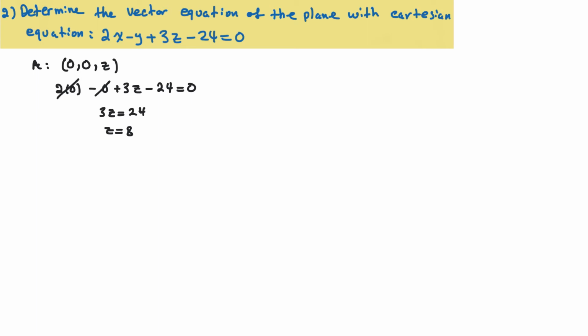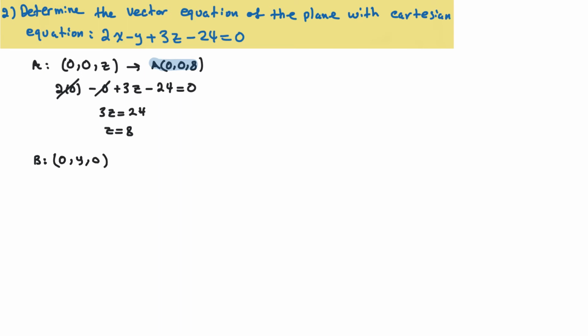So point A, therefore, is 0, 0, 8. And this is the easiest way of finding the points, letting the other two variables equal 0. You can also let things equal 1 and find it, but why not find the easiest thing if it's possible? So for this one, I'm going to let 0, y, 0.